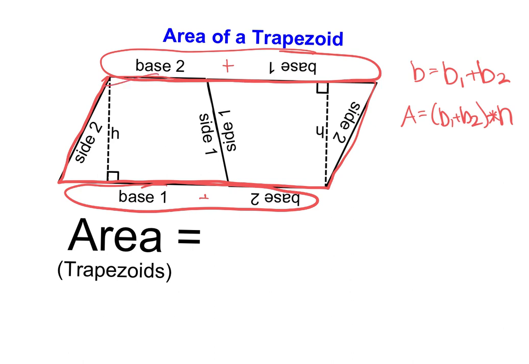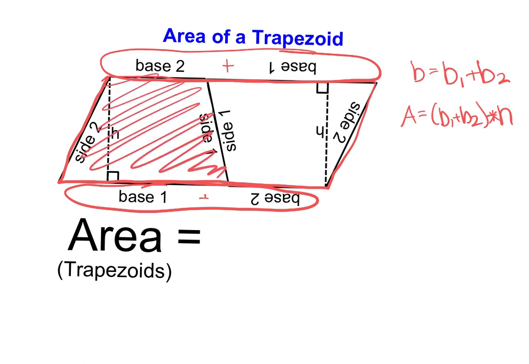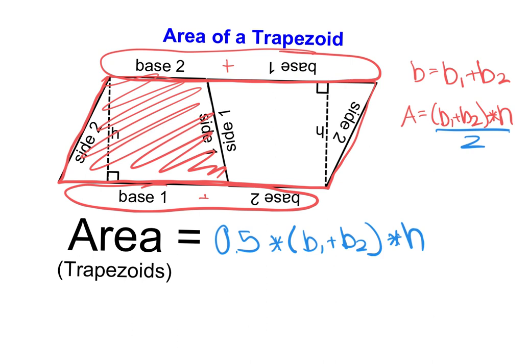Now, we only want the area of one of these trapezoids, not both. So to represent that, we need to use either divided by 2 or multiplied by 0.5. The equation I'm going to write down for the area of a trapezoid is 0.5 times the base, represented as base 1 plus base 2, all multiplied by the height.